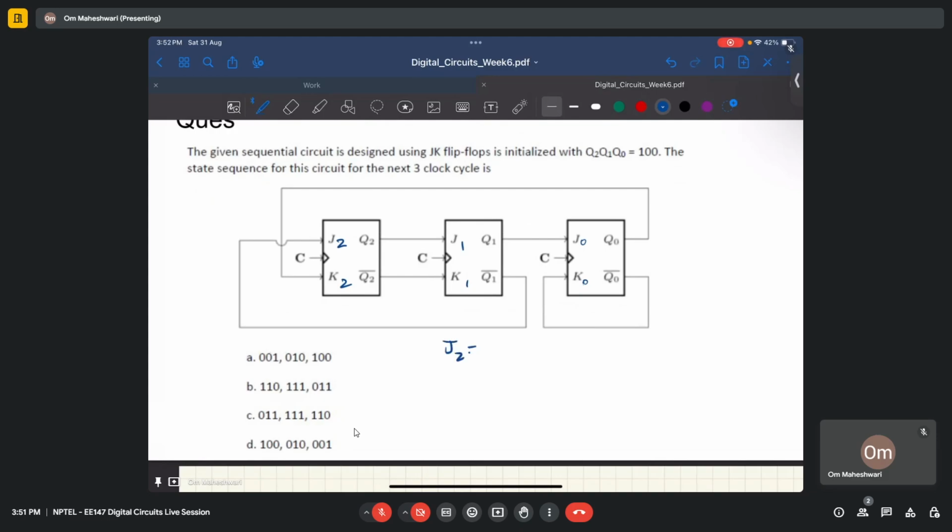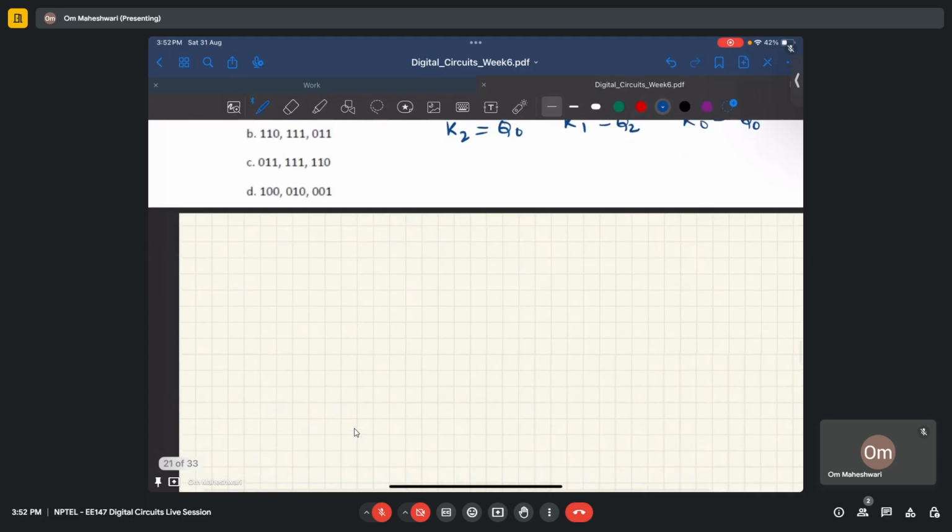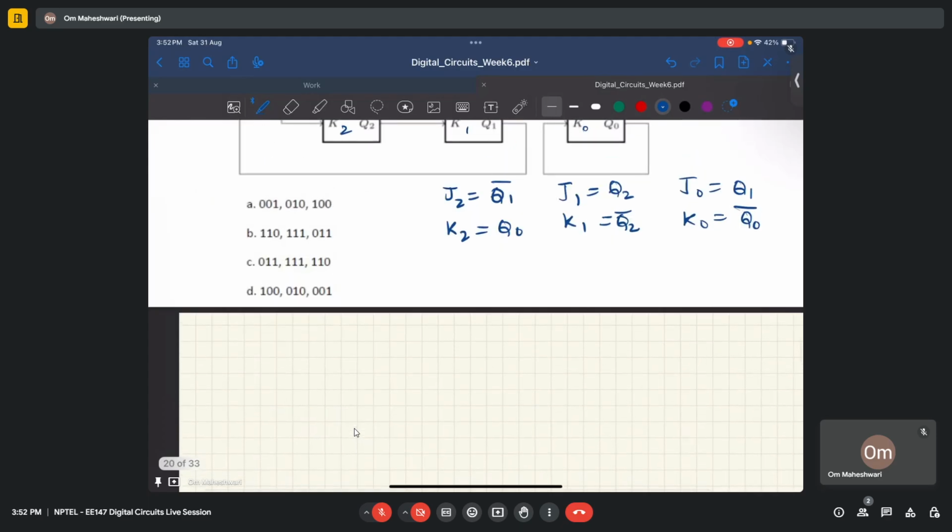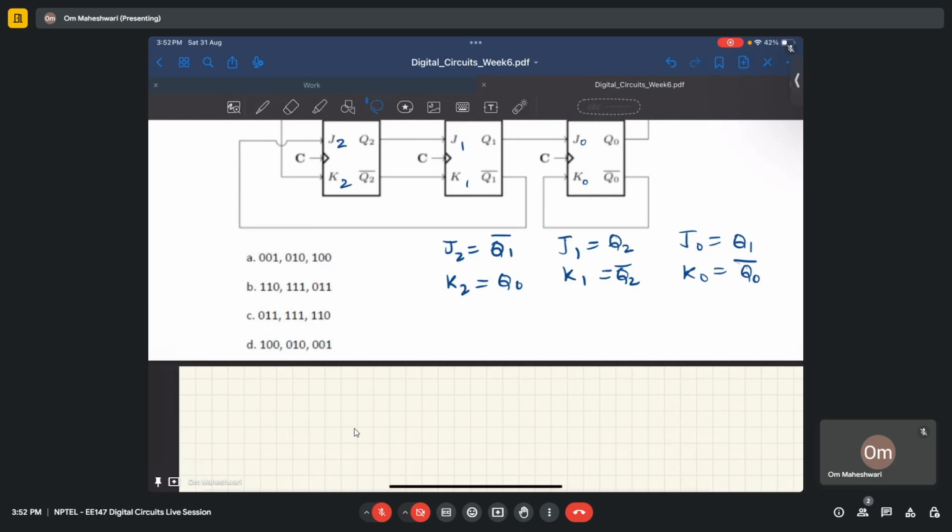J2 equals to Q1 bar, K2 equals to Q0, J1 equals to Q2, K1 equals to Q2 bar, J0 equals to Q1, K0 equals to Q0 bar. These are the conditions. Now I'll just copy these here, the next page.